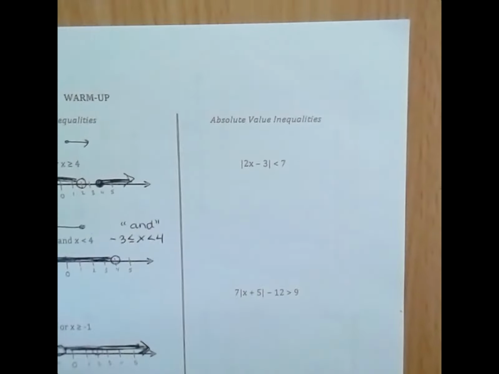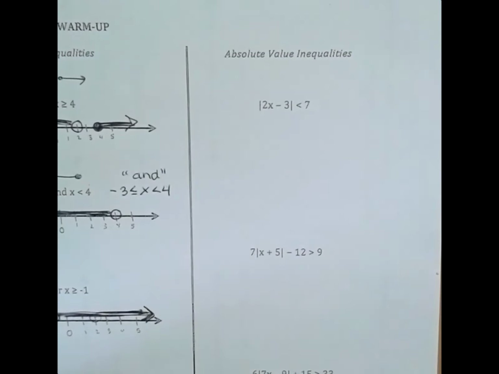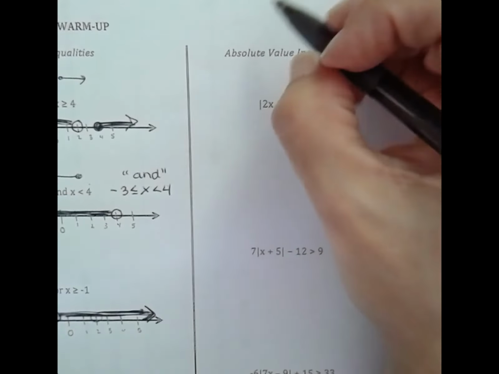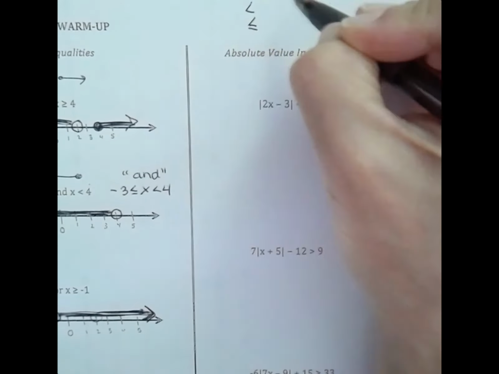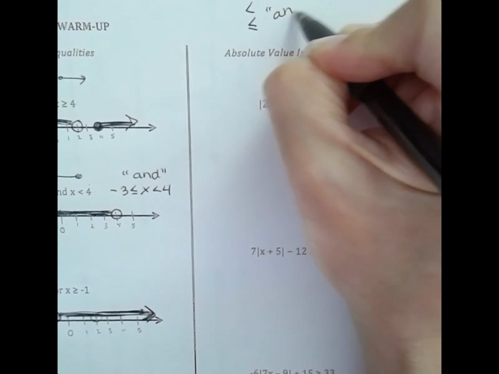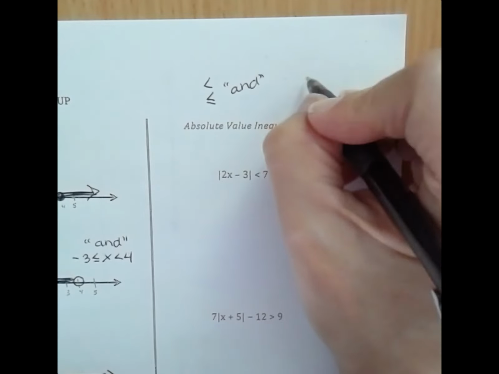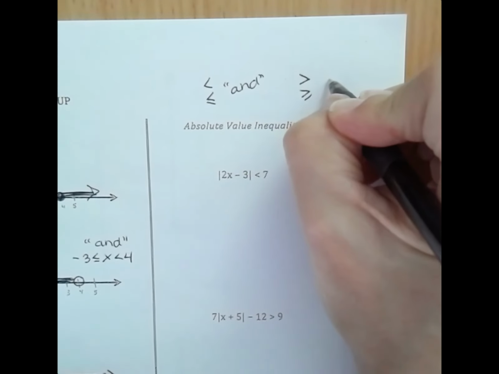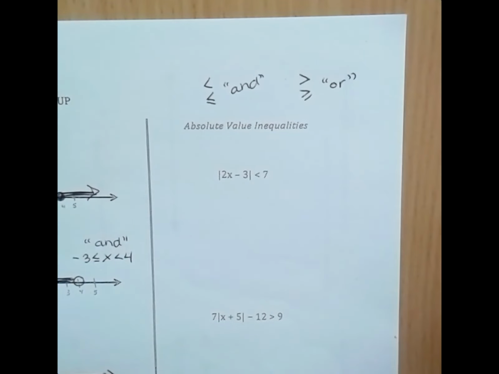All right, let's look at the tougher ones from this unit, the absolute value inequalities. First thing you want to remember is anytime you have a less than or equal, that signifies an and compound inequality. If you have a greater than or equal, that's going to be an or compound inequality.